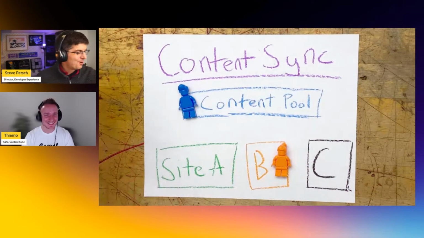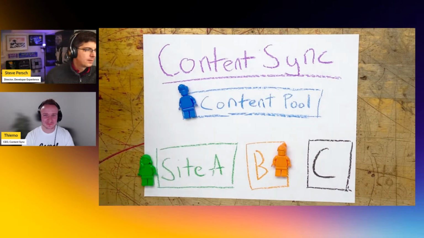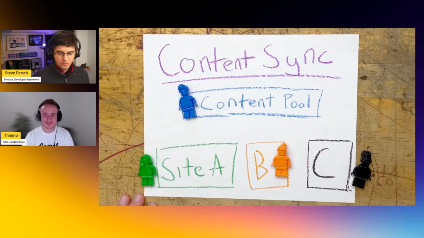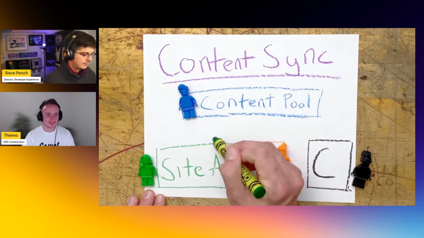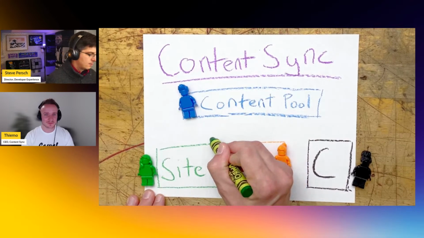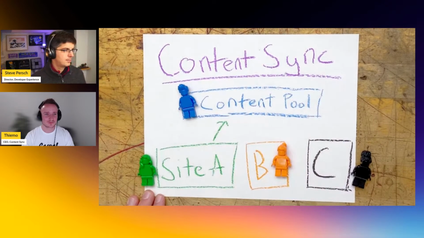So I think what we saw is you were playing all the roles there, but we could imagine there are different people involved. When we saw you editing content on site A, you chose to push your content into the content pool.